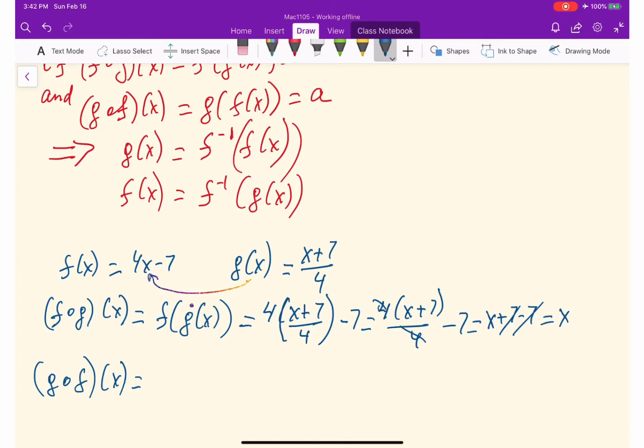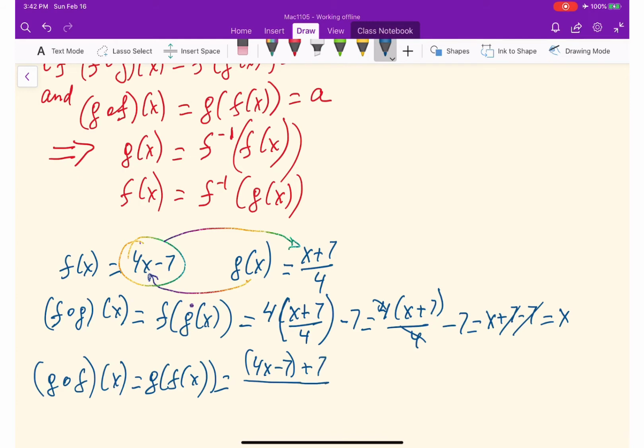All right, now let's take composite g with f of x, which is g of f of x. Now the opposite way, we are taking f of x and plugging it into g of x, which is going to be 4x minus 7 plus 7 over 4. Negative 7 and positive 7 are gone, so it is 4x over 4. 4 and 4 are gone, it is equal to x.